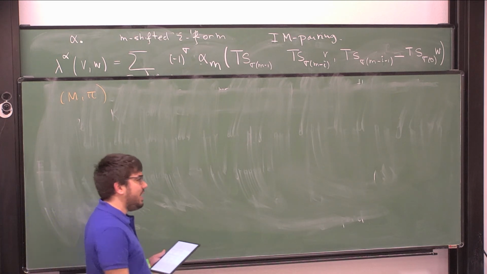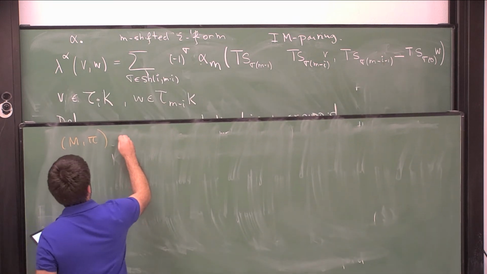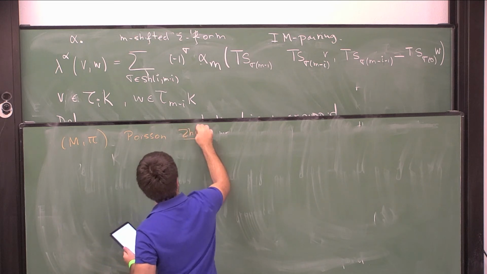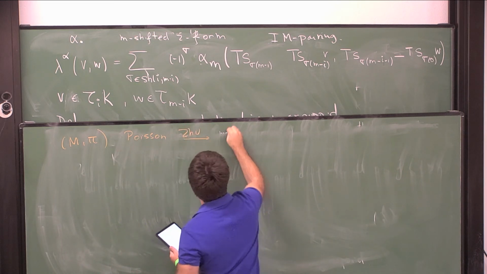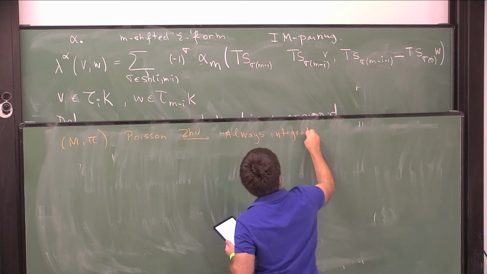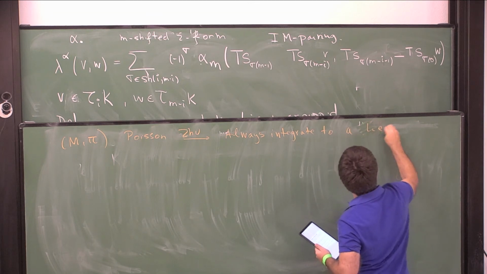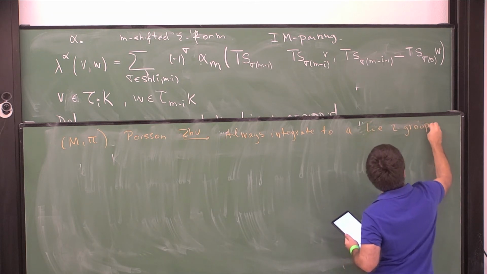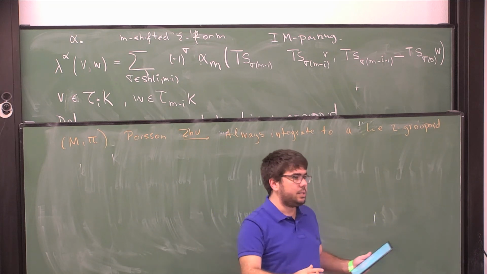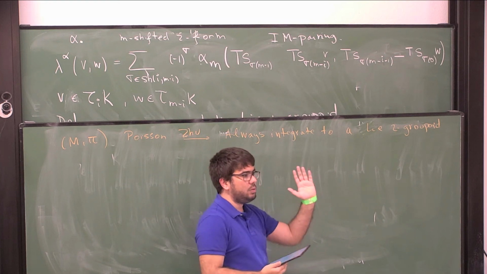So maybe I will say that for a Poisson manifold, let me say it in that way, a Poisson manifold always integrates to a Lie 2 groupoid. And this is basically going like this: you have in the path space the foliation given by path homotopies, and you pick a transversal to that foliation.